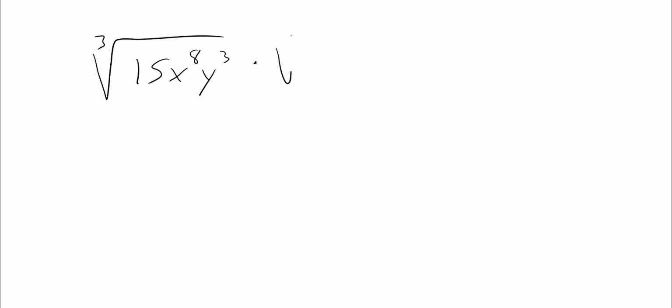Let's do the cube root of 15 x to the 8th y to the 3rd times the cube root of 10, let's see, we're going to do something different. Let's do 30, sorry.